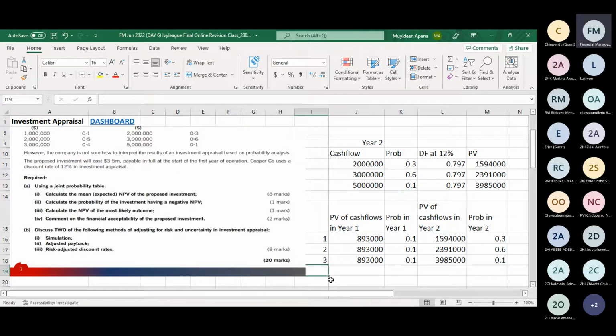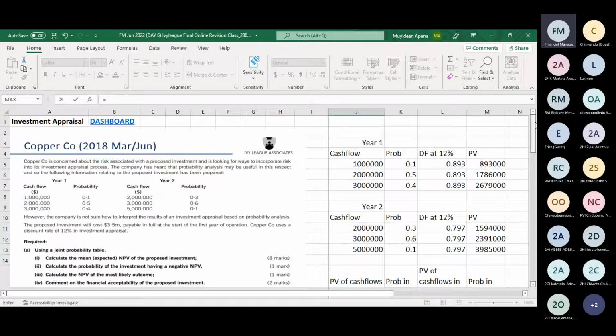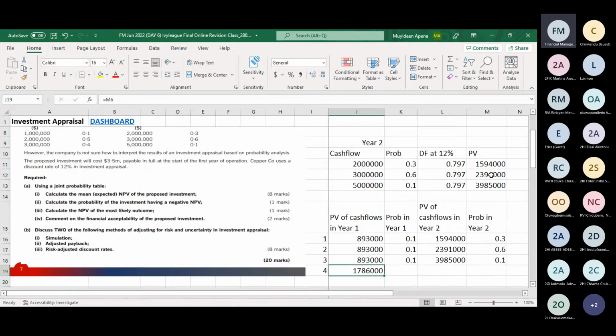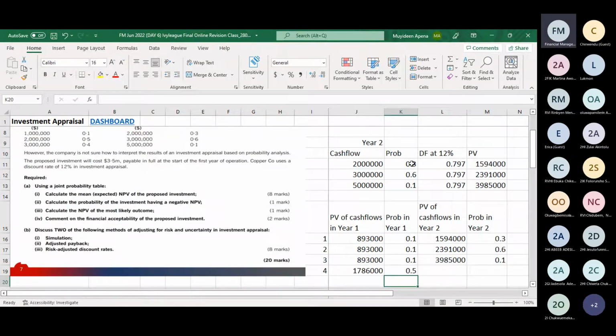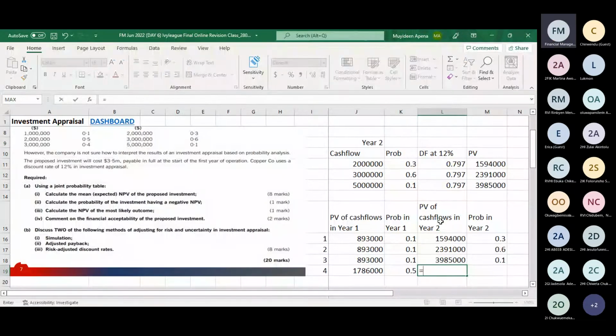Then the fourth scenario is that the first year value is not 893,000 but 1,786,000, and that also has 3 scenarios, at a probability of 50%. The chance is that the second year present value will be 1,594,000 at a probability of 30% that we recorded here.